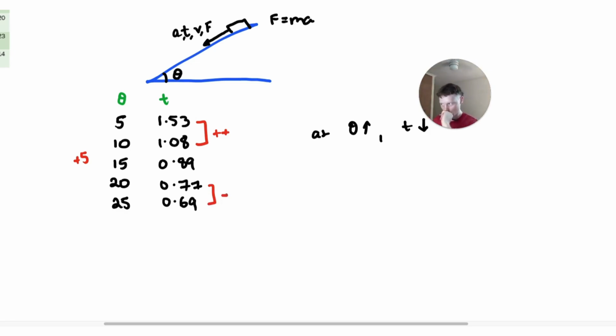I can tell you it'll be a sinusoidal relationship. But if we think about graphing it, just a sketch, not an actual graph, we've got 5, 10, 15, 20, 25. Our time kind of is going like this, right? Or maybe more.